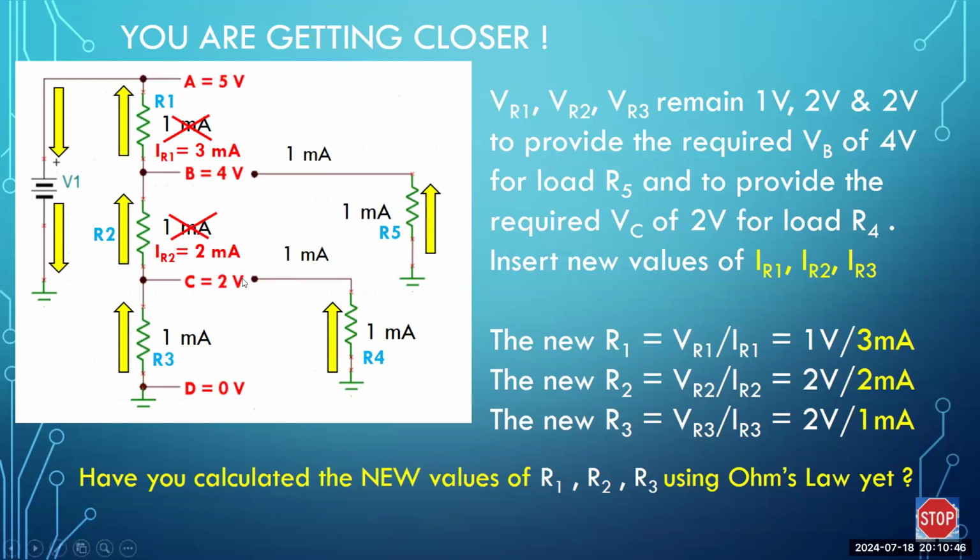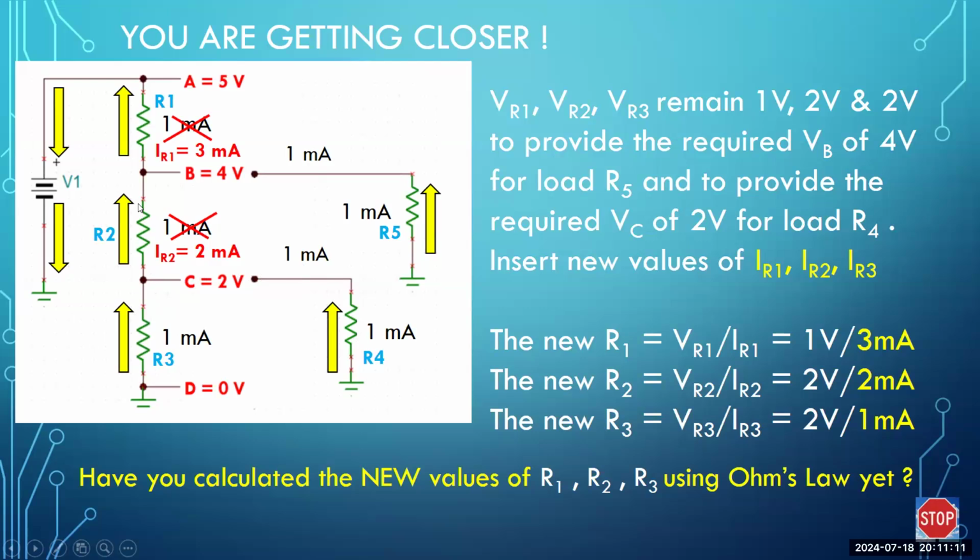Well, nodal analysis gave us new currents. The current through R2 was determined to be the sum of 1 milliamp and 1 milliamp. Nodal analysis said at point C, the 1 milliamp coming in from R4 and the 1 milliamp coming up through R3 must add to give us 2 milliamps leaving node C coming up through R2.